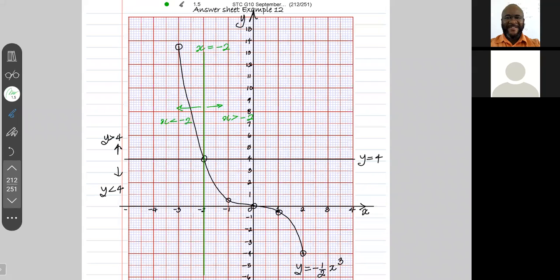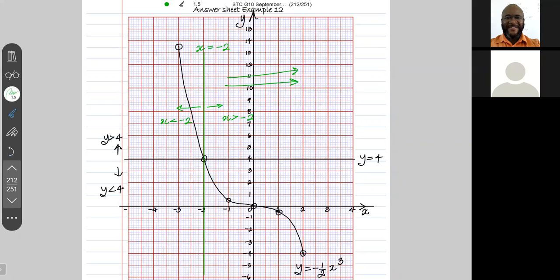All right. So now over this side of the graph, where x is greater than minus 2, where is the graph? Is the graph above the line y is equal to 4 or below it? Over this side, is the graph above? And it's clear we can see to the right of this vertical green line, the graph is below.